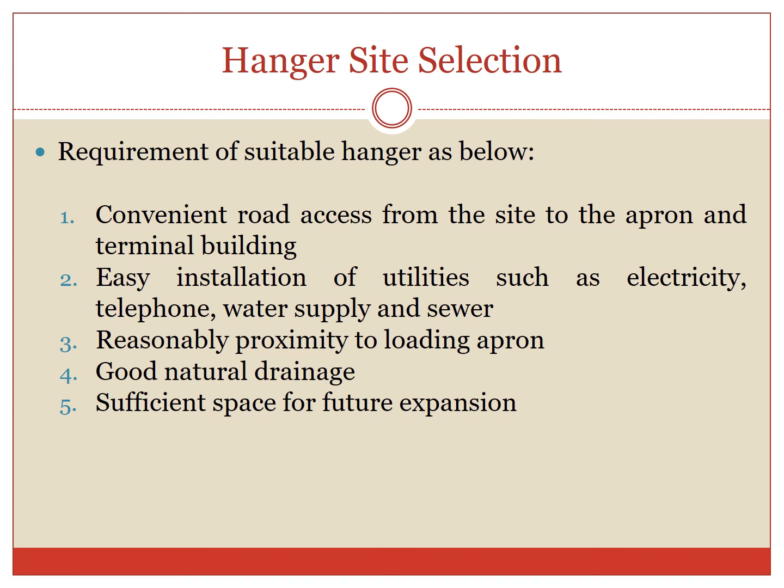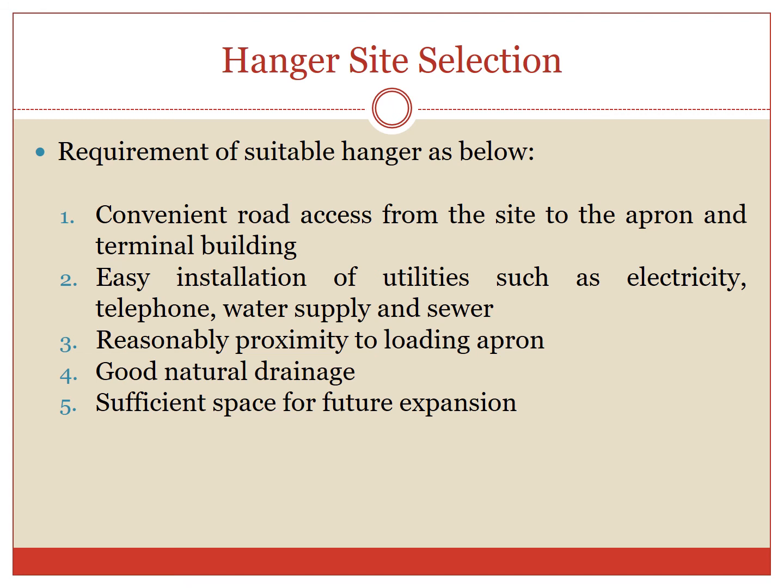Now, it is very desirable to locate the hangars as near as possible to the terminal building and the loading aprons. Thus, the requirements of a suitable hangar site are: first, it should have convenient road access from the apron and the terminal building, and reasonable proximity to the loading apron.